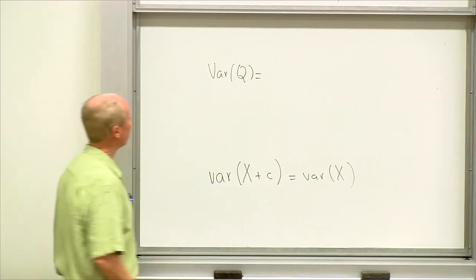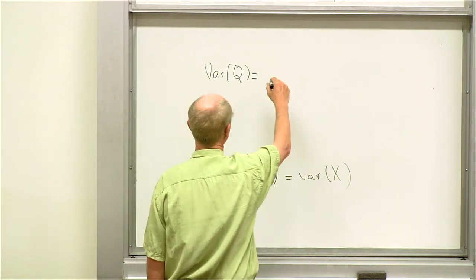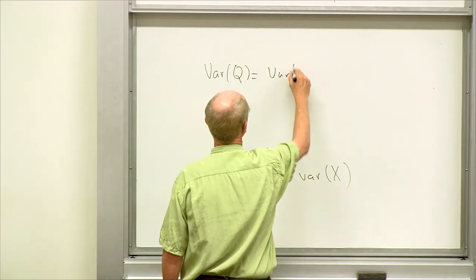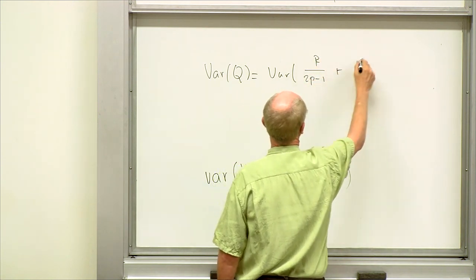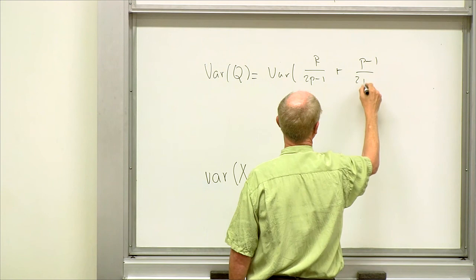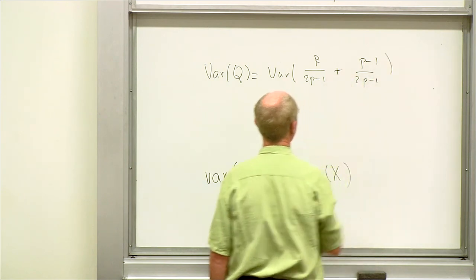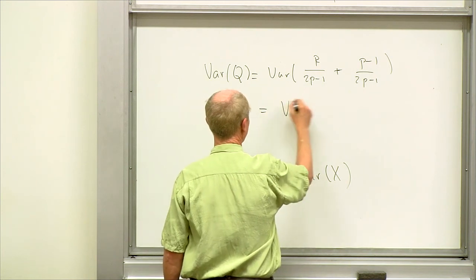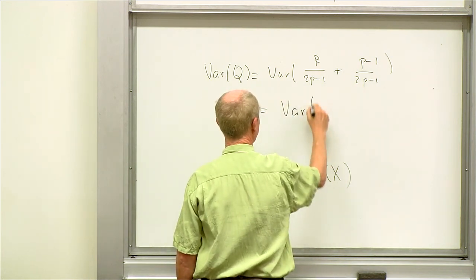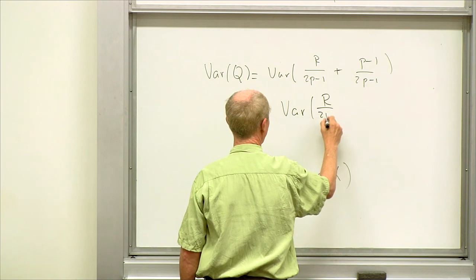Okay. So here we have something like that, right? We have the variance of r over 2p minus 1 plus p minus 1 over 2p minus 1. So here we have a random variable plus a constant. The addition of the constant doesn't change the variance, so we just drop it.